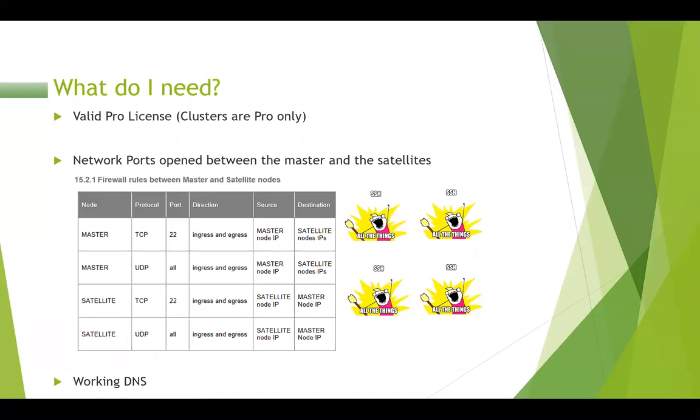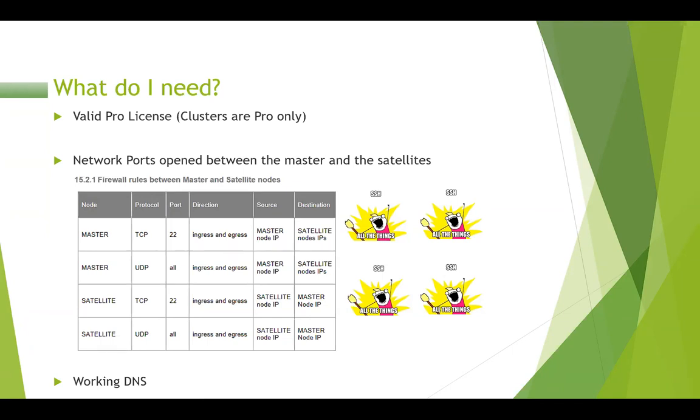So if you want to add 8 satellites, you don't have to purchase 8 licenses, you only need to license your master node. And that is something that I personally think was awesome back when the cluster was released, because you could suddenly scale your labs to a huge amount of servers and you only needed 1 license. So that's something really, really cool.